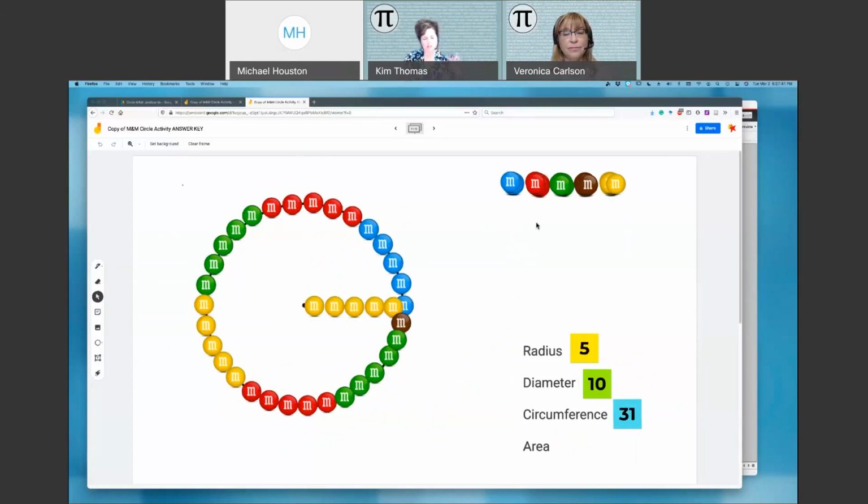Again, I'm a geometry teacher, so my students might have done this before with other things, but if I kind of start leading them through, let's go ahead and focus on colors. If the radius was yellow, now I can put a radius of blue and a radius of red and a radius of green.